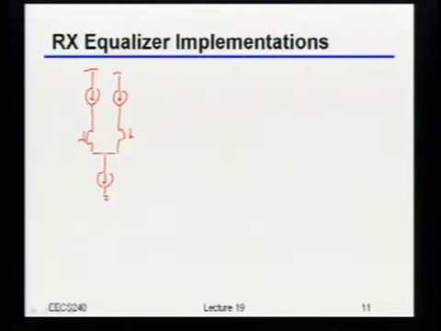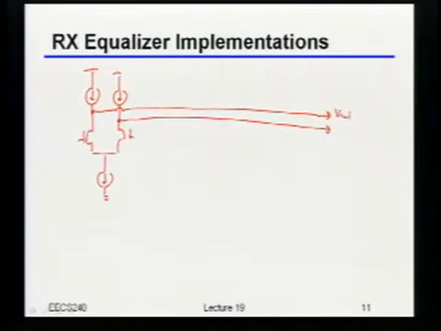If you remember from the block diagram, conceptually what I want to do is take those outputs and somehow low-pass filter them.